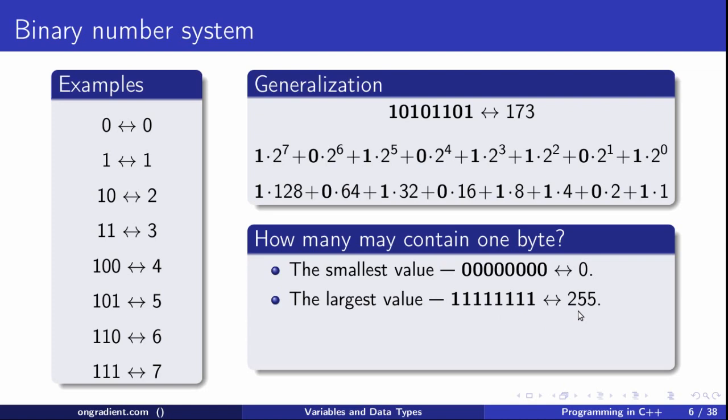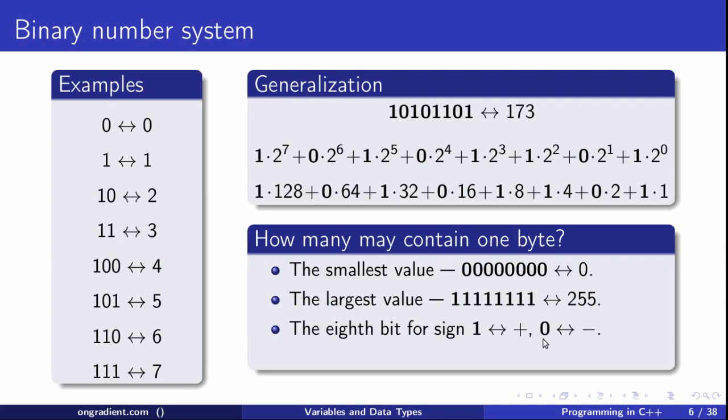Therefore, 1 byte of information may include numbers from 0 up to 255. These are positive numbers. Sometimes we need to save the sign of a number. To save information about the sign of the number, we use 1 bit of information.